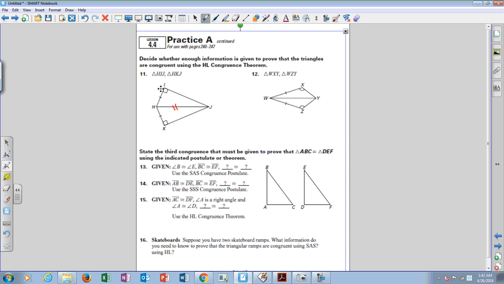So we have a 90-degree angle and a 90-degree angle. We have this leg congruent to this leg, and their hypotenuses are congruent. So that would be yes. Look at number 12. We have the leg congruent and this congruent, but this is not a right angle, and this is not a right angle. So that would be no.